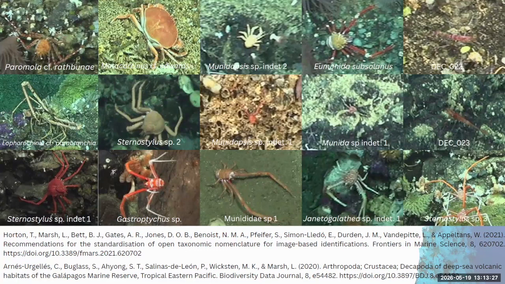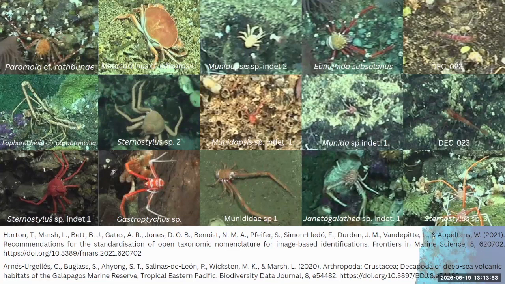And there's another way. When you are uncertain about the species level classification, you can also go for an open nomenclature system. Rather than saying that this is Emunida subsolanus, we can say that this is Emunida closely familiar to subsolanus.